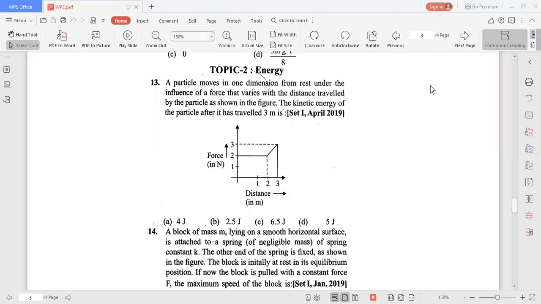Distance is given in meter and force is given in Newton. So here it is 2 Newton, here 1 Newton, and here it is 3 Newton. So the graph is given like this. Have you seen the graph?